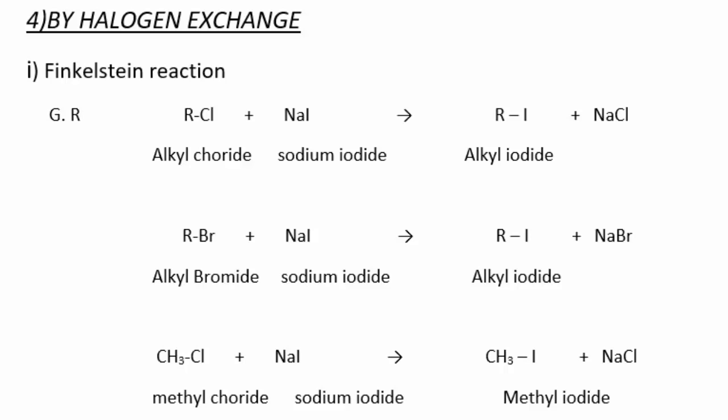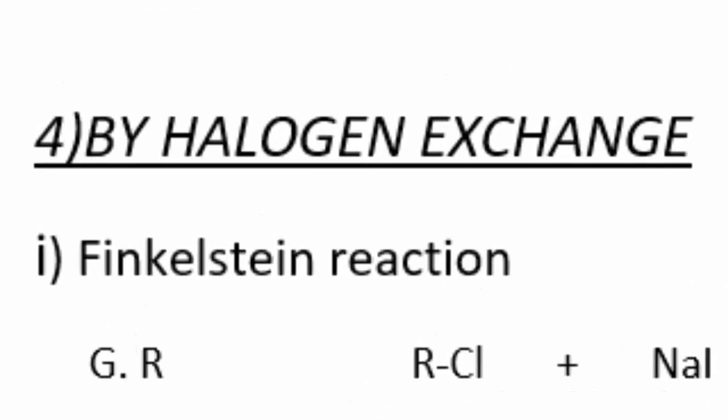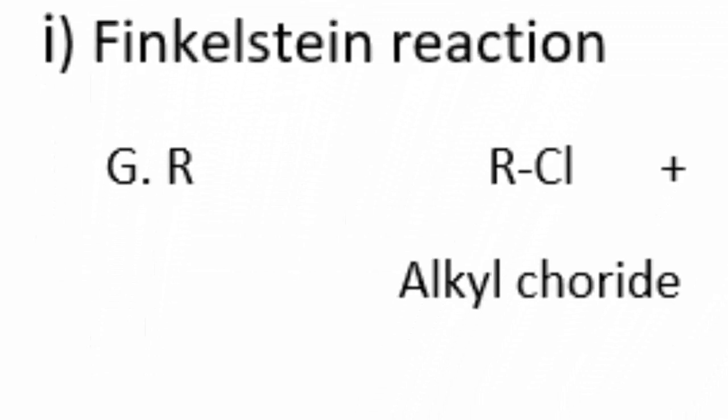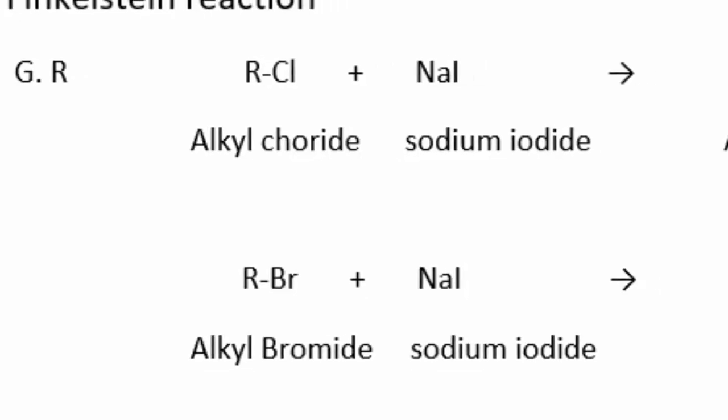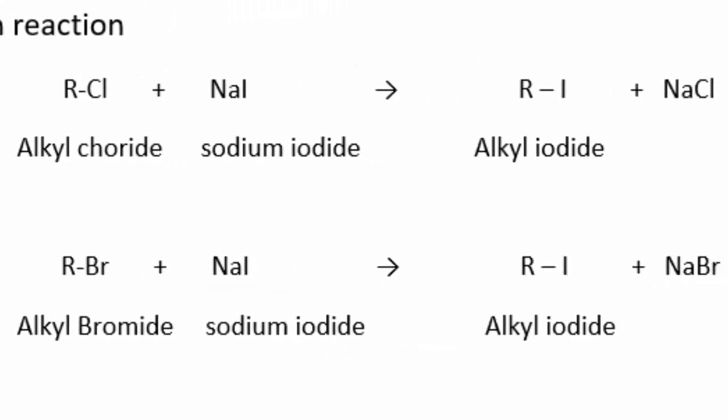Now, this halogen exchange reaction includes two name reactions. The first one is known as Finkelstein's reaction. In Finkelstein's reaction, whenever we react any alkyl chloride or alkyl bromide with sodium iodide in the presence of dry acetone, there is an exchange of halogen between the alkyl halide and sodium iodide. It results in the formation of alkyl iodide with a side product.